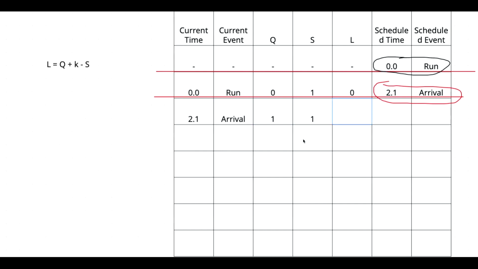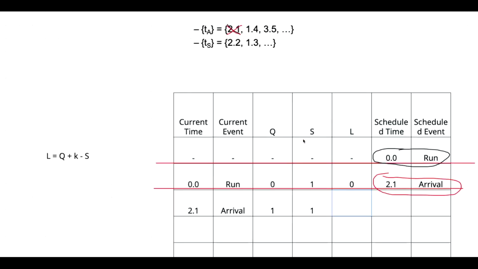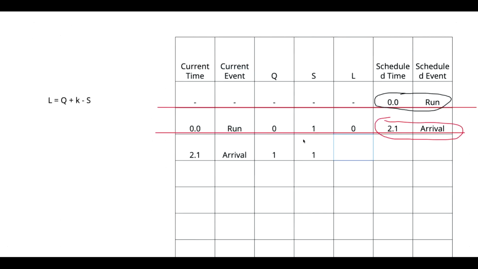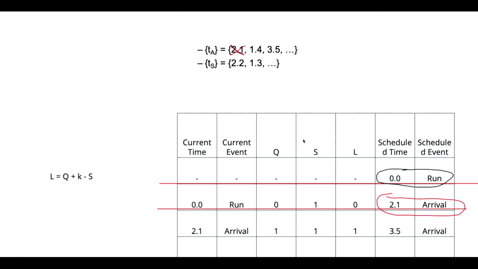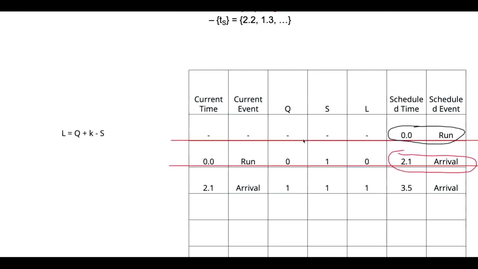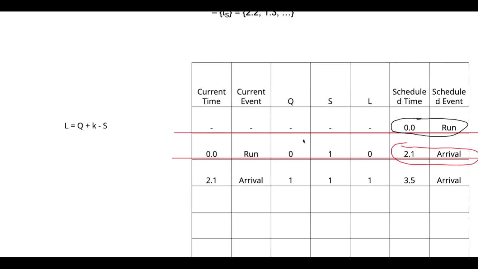Okay. Now what does an arrival do? It schedules the next arrival. The next arrival happens at time 1.4. 1.4 plus 2.1 is 3.5. Okay, so we've used up this one. But then it also schedules, if S is bigger than 0, a start service.